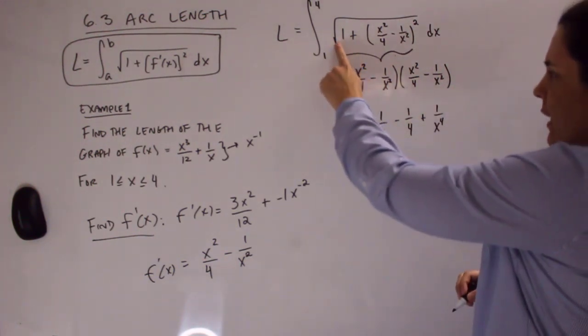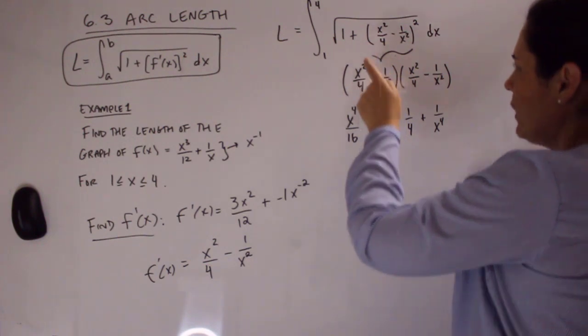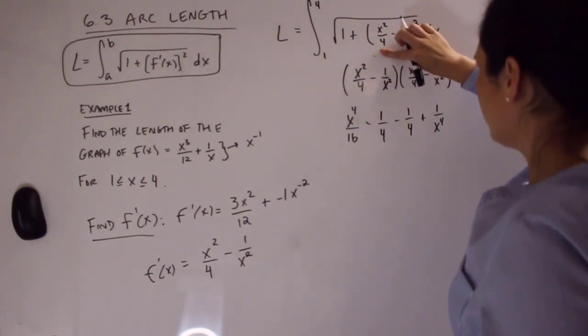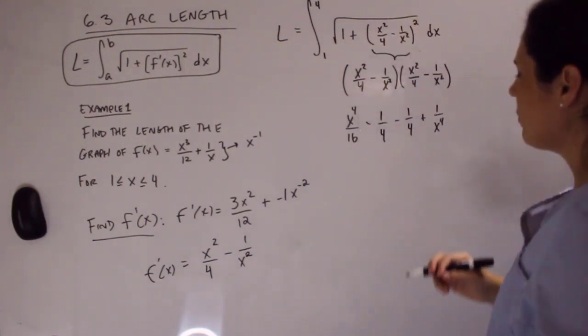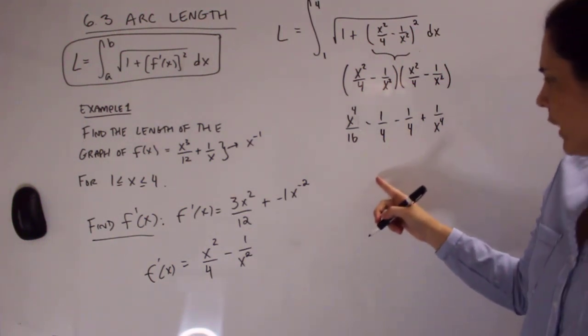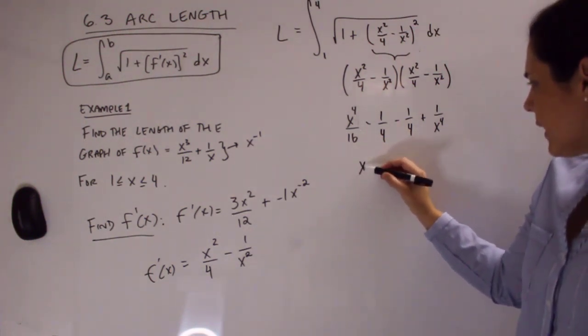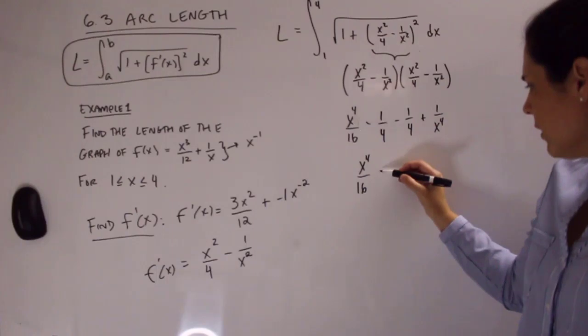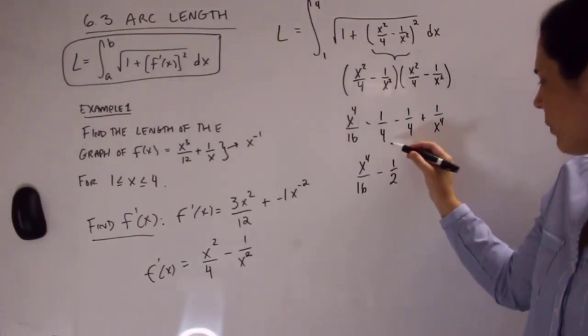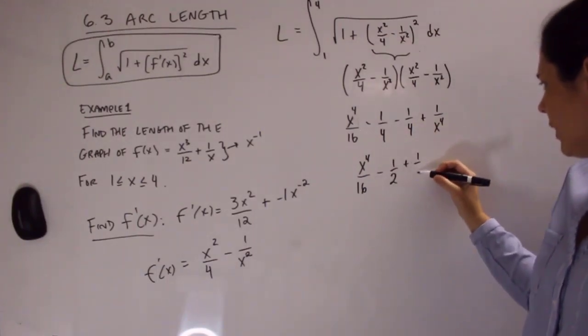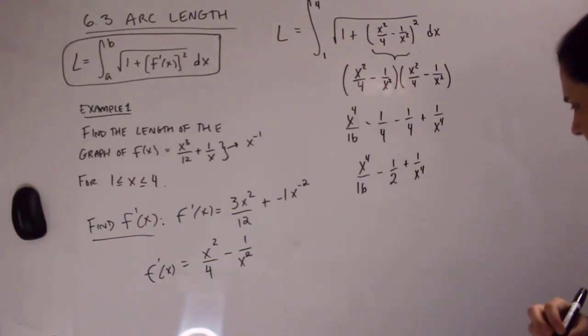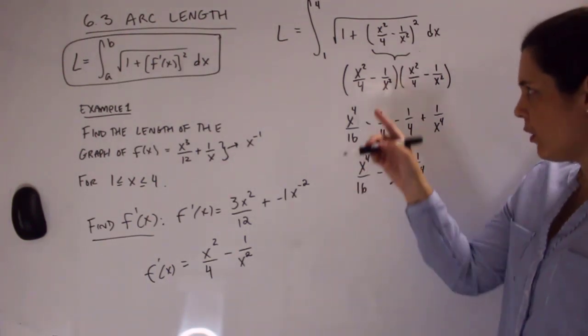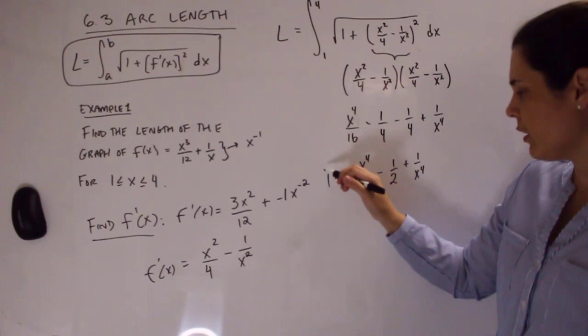Let me clarify: that's only this part, so I still need to add the plus 1 in just a minute. This is x to the 4th over 16 minus 1/2 if you combine these two fractions, plus 1 over x to the 4th. Now I do have a plus 1 over here in the front.